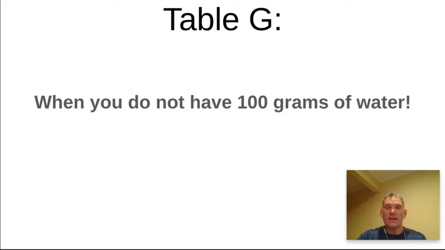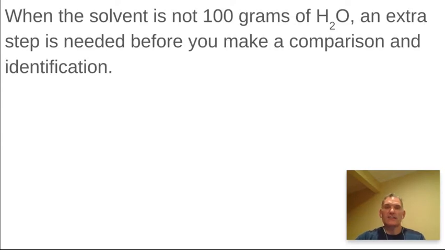The first episode that we saw yesterday was in 100 grams of water. Today, these are not going to be in 100, which means it's going to revolve around one extra step. When the solvent is not in 100 grams of water, you must be careful. There's the extra step that's needed before you make your comparison and you make your identification.